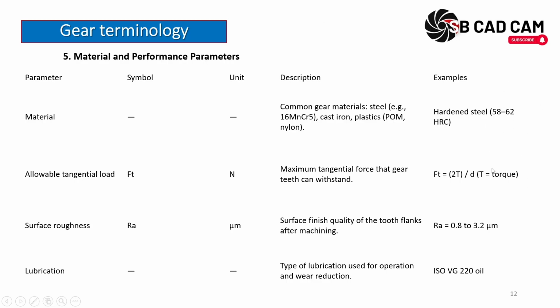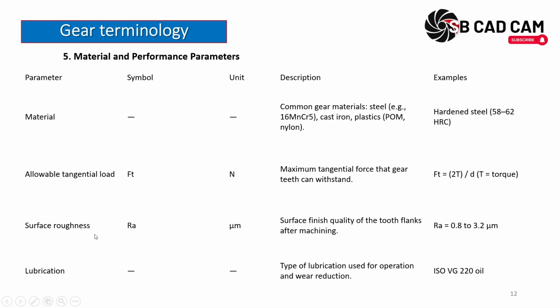It is between 58 and 62 HRC, that is Rockwell hardness. We have also the allowable tangential load. It is the load that can be supported by the gear teeth.